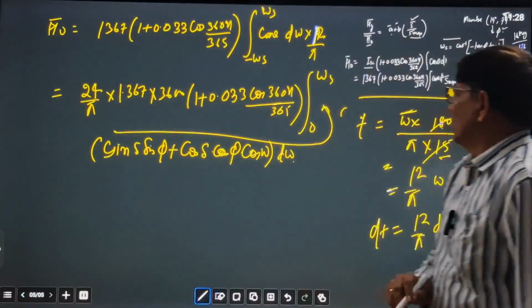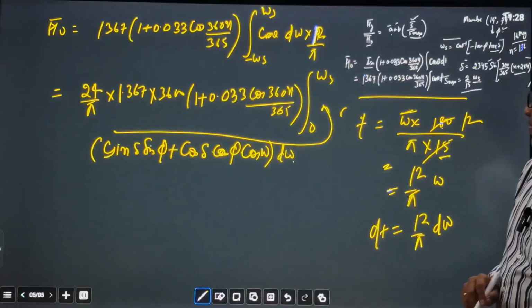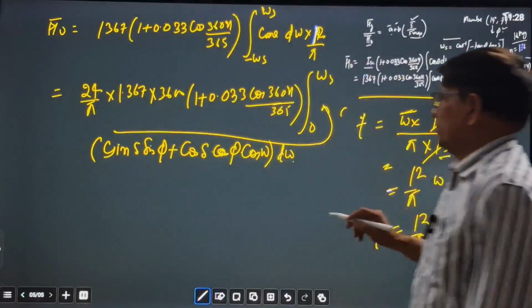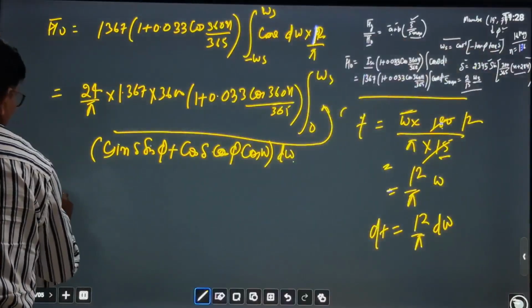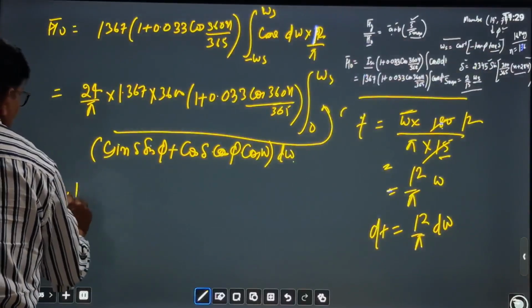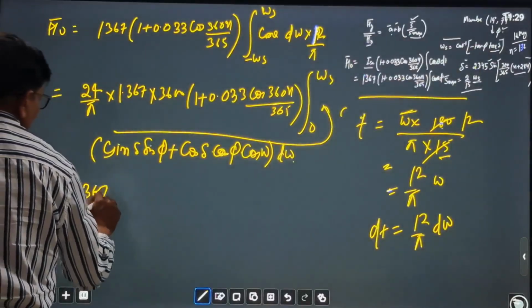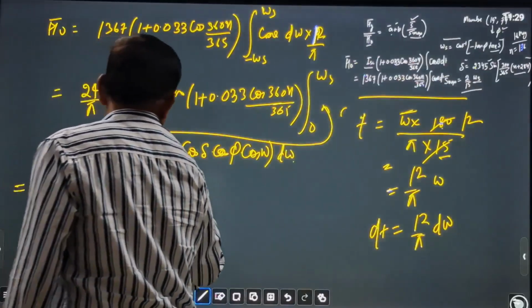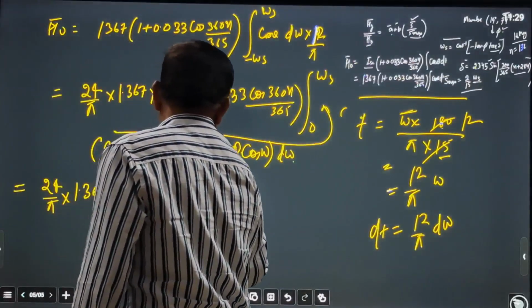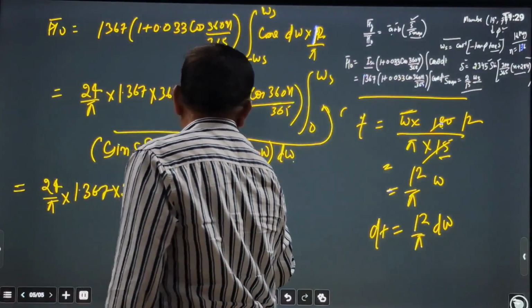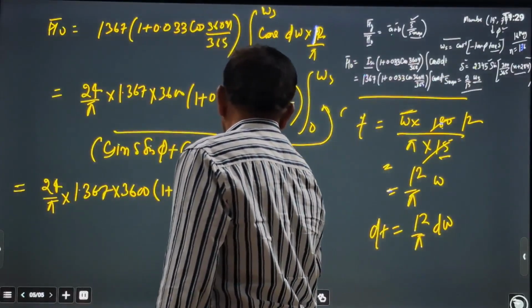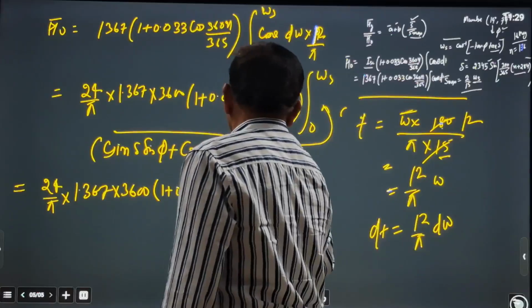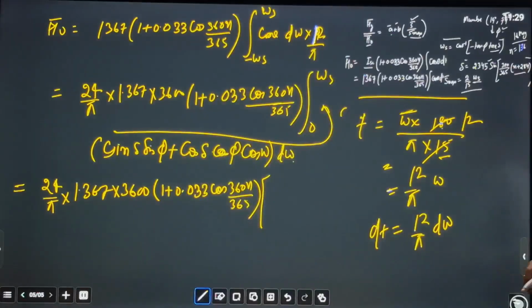So integrating this value and applying limits, we get the equation 24 by pi into 1.367 into 3600 into 1 plus 0.033 cos 360 n upon 365, and in brackets we get omega s.